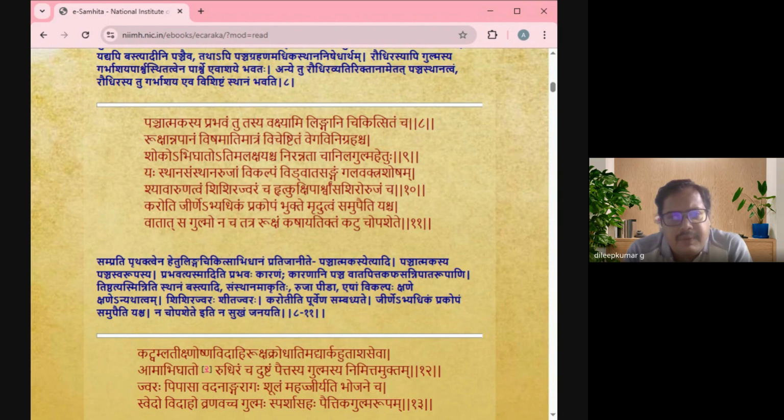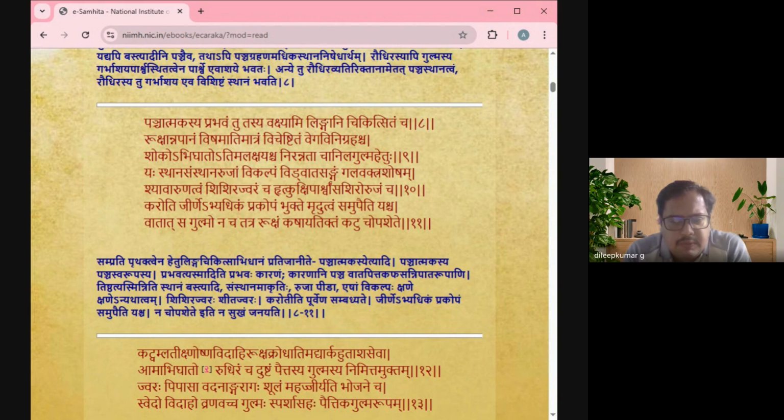Vataja Gulma may be anything characterized by spasm, expansion, excessive peristaltic movement, hardening or sclerosis of the GIT tract, muscular dystrophy of the GIT tract, or excessive dehydration of the mucous and submucous membranes. So all these come under Vataja Gulma.